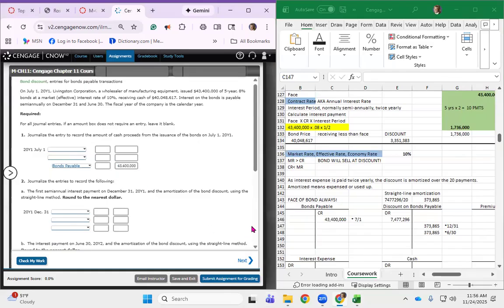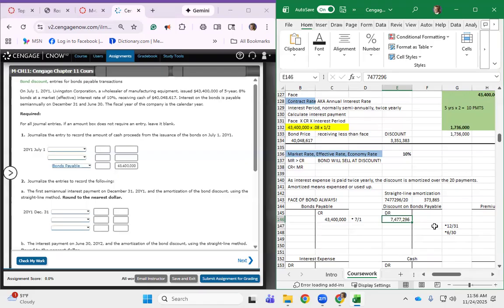There's a start. Okay, now because we have a discount, remember I had you calculate that discount. Now we're going to use that amount. Where are we putting it? We're putting it in an account called discount on bonds payable, right? A discount always has a debit balance.